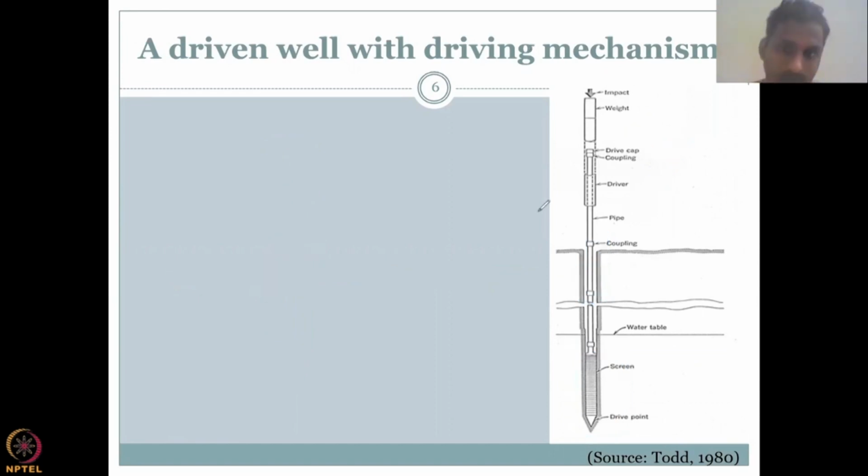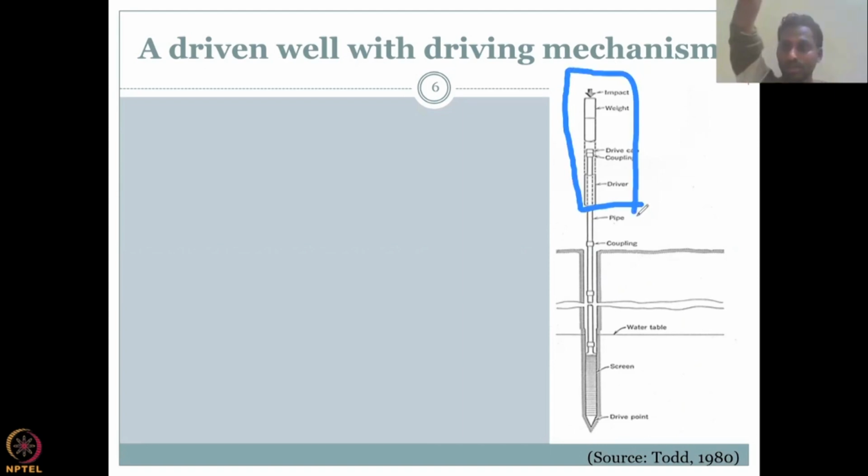Now, how can you hit it? You can hit by a hammer mechanism, but you have to be careful not to put weight on one side, because the cap will give in, or the drive point will turn. This has to be as straight as possible, for which there is a hitting mechanism. You could see it here. It's just a weight: you pull it up and then drop it.